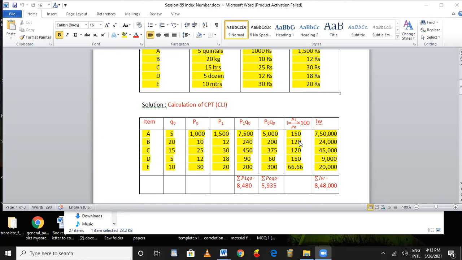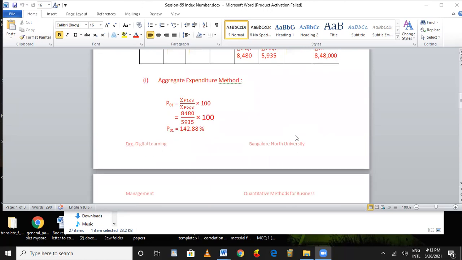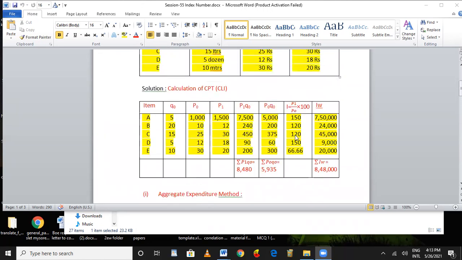Here you have to multiply: 150, that is the I, then W. 150 into W is 5,000. 5,000 into 150, 7,50,000. 120 into 200, 2,400. 120 into 375, 45,000.